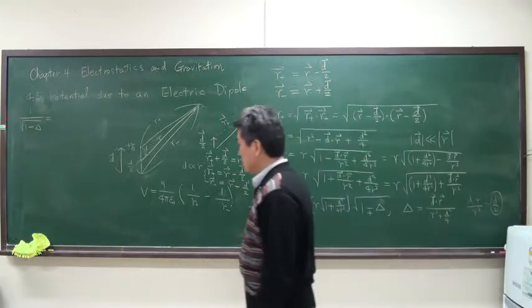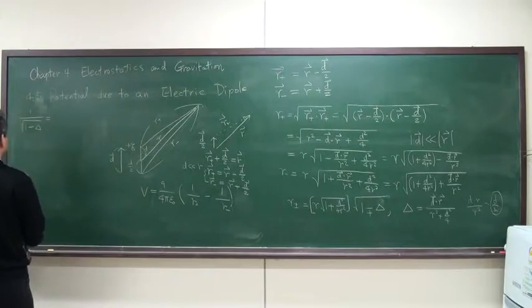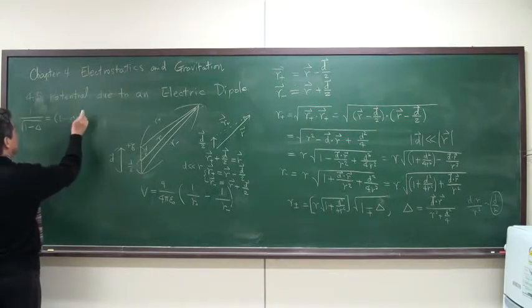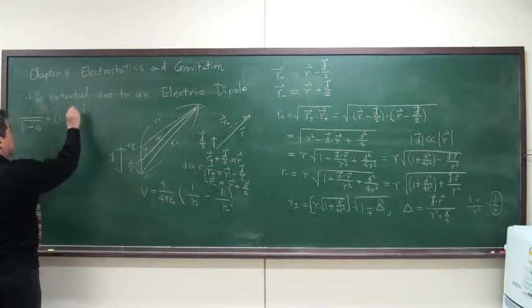So I can make a Taylor series expansion. This is 1 minus delta, and the power is like that.